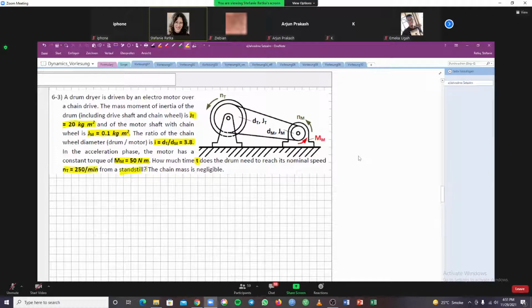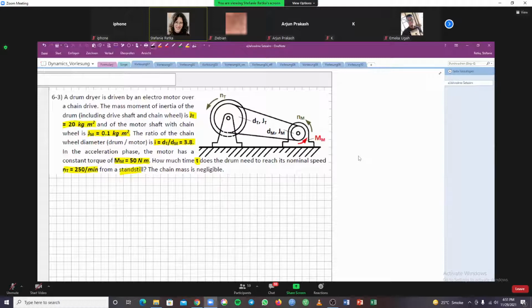So it's not moving. Then the motor applies the constant torque, and over the chain drive, the drum starts to rotate, it accelerates, until it reaches a nominal speed of 250 rounds per minute. The question is, how long does it take to reach this nominal speed?